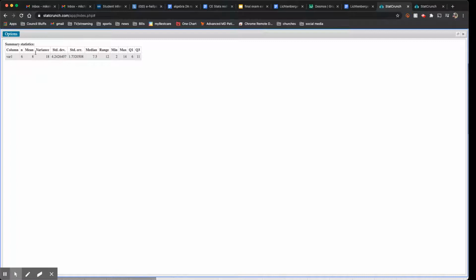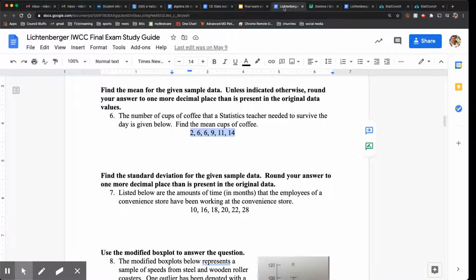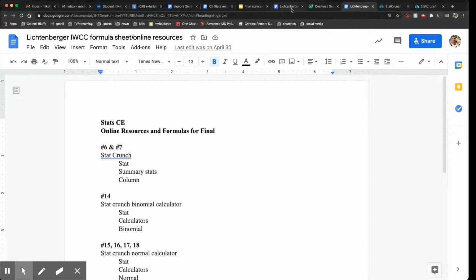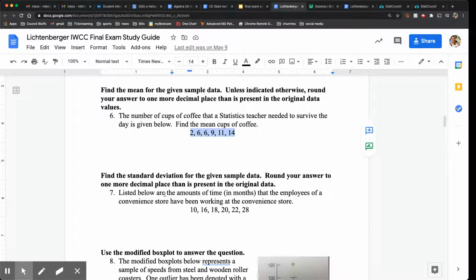We're finding the mean. The mean in this case is 8. So the answer to number 6, find the mean cups of coffee, the answer is 8. Okay. Number 7, we're going to do the same thing, except now instead of finding the mean, we're going to find the standard deviation.